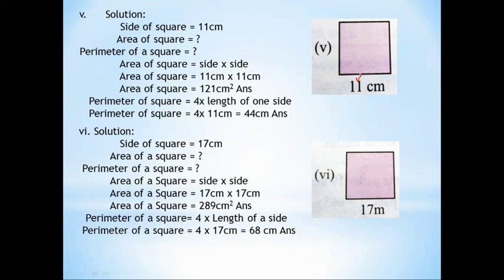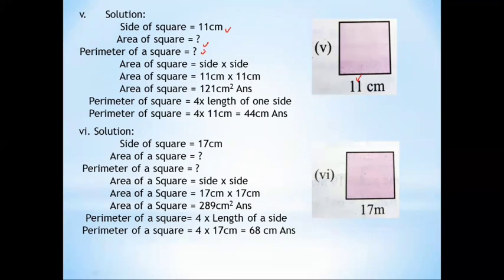Now, we will write the information that is given here, and what we have to find, at the start of the question. 11 centimeters, one side of a square, we are given. Area of the square we have to find. Perimeter of the square we have to find.